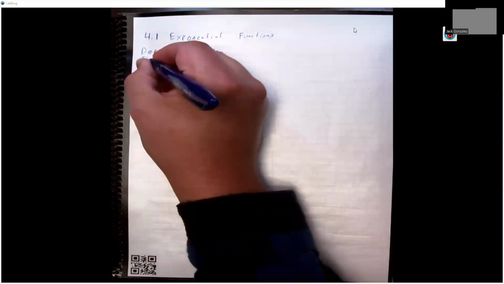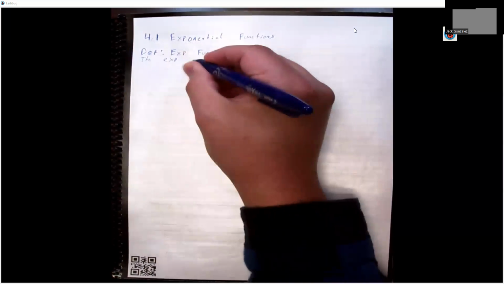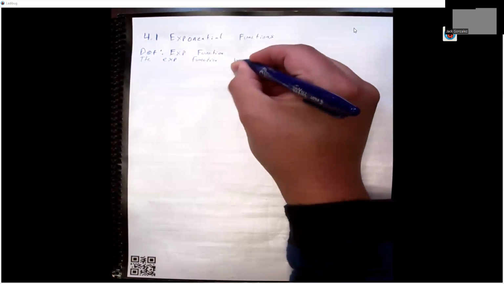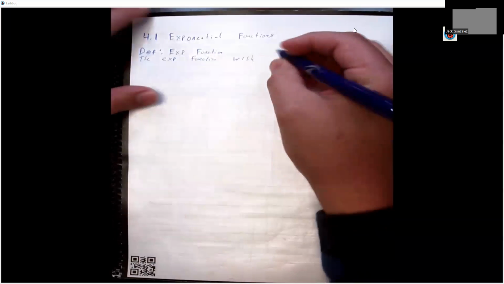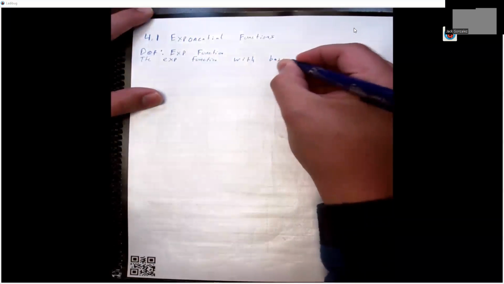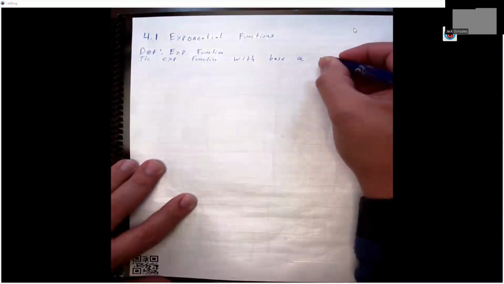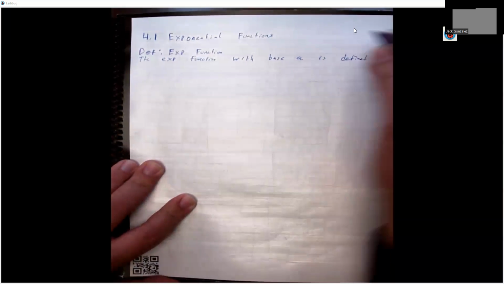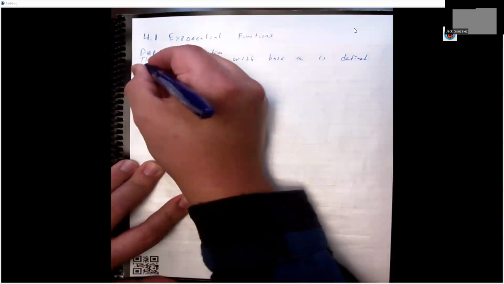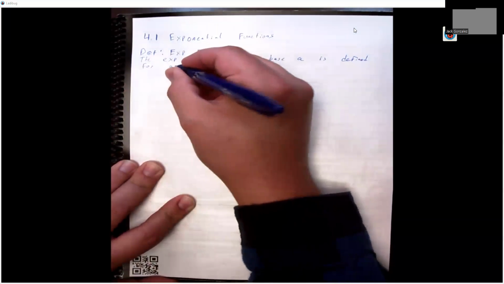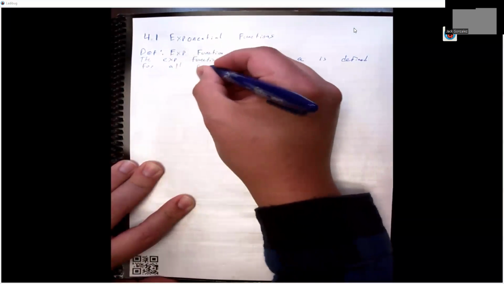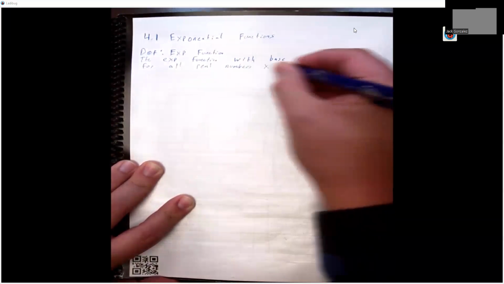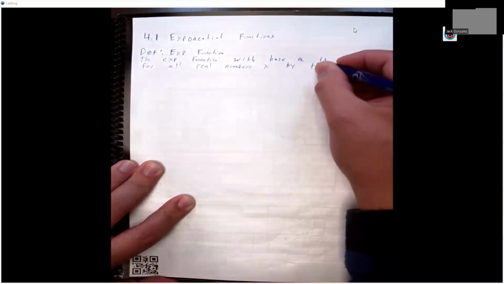So the exp function with base a is defined for all real numbers x by the following.